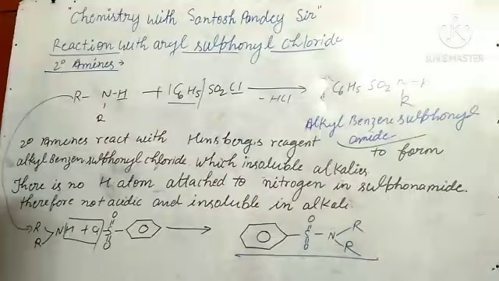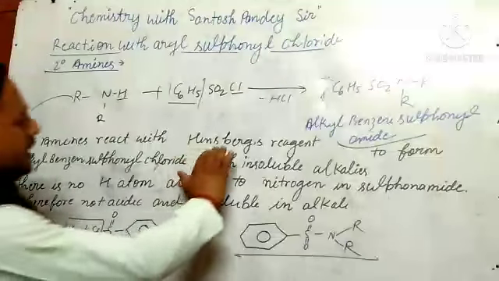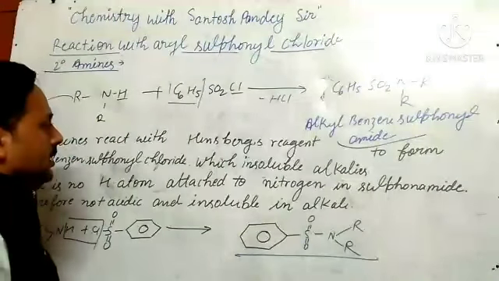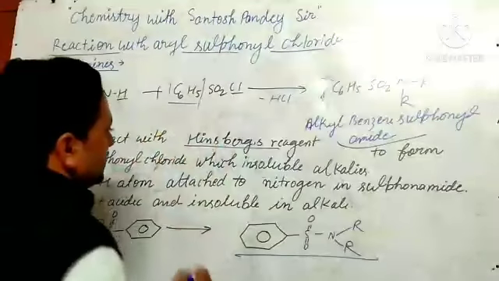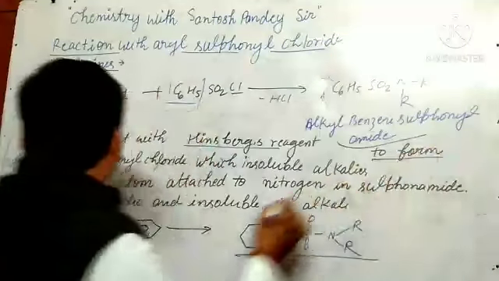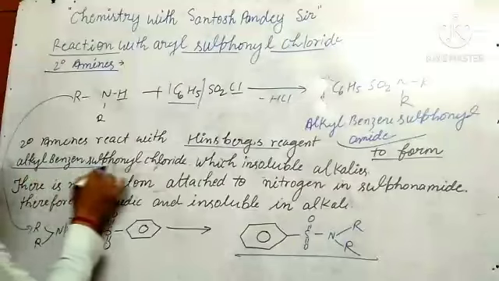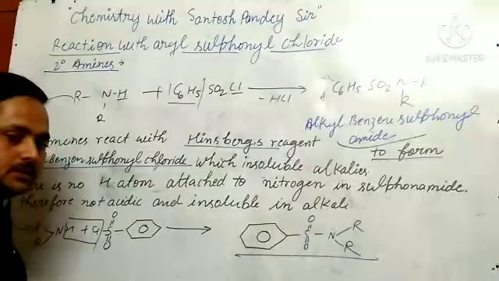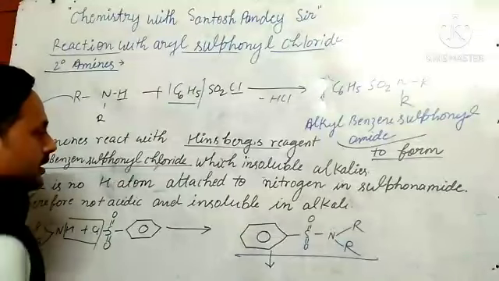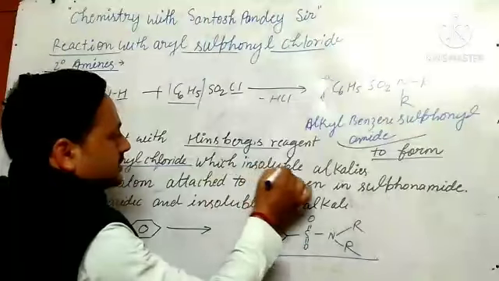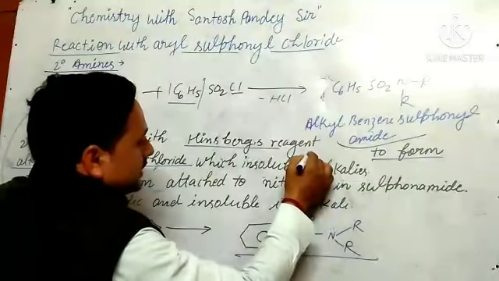Secondary amines react with Hinsberg reagent to form alkyl benzene sulfonamide, which is insoluble in alkalis.